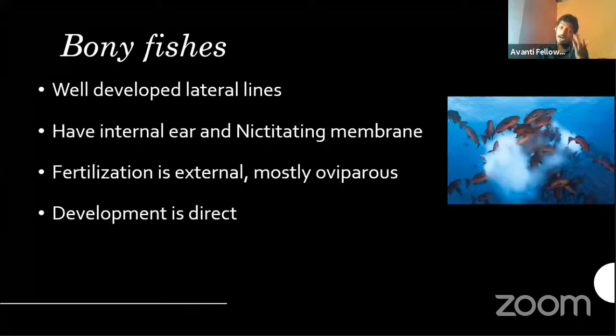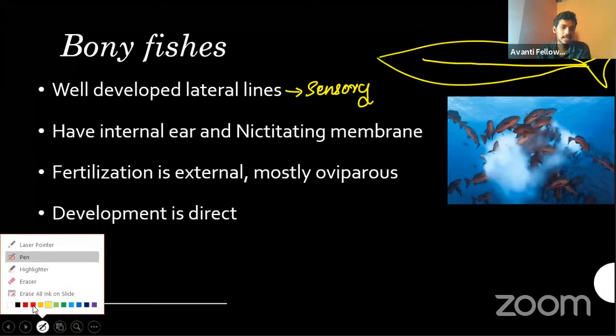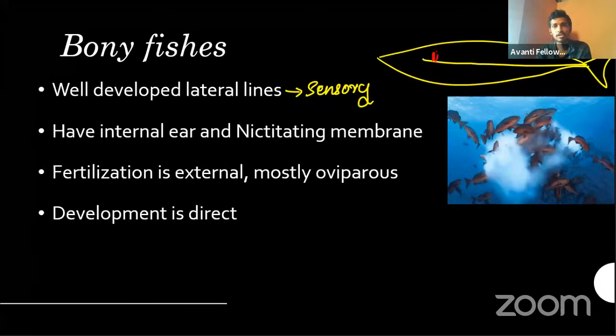They have well-developed lateral lines as a sensory system along with their eyes. These are not organs, these are a group of cells only. In a fish, we normally think of the lateral line as a single thing, but this line contains thousands or tens of thousands of cells.